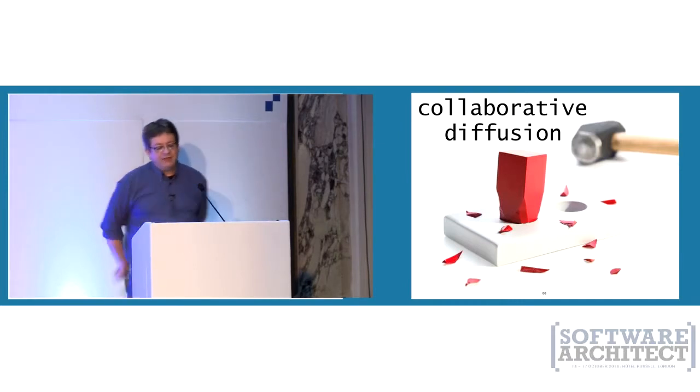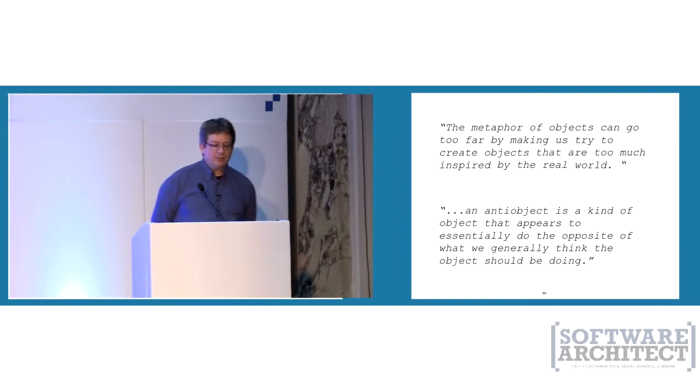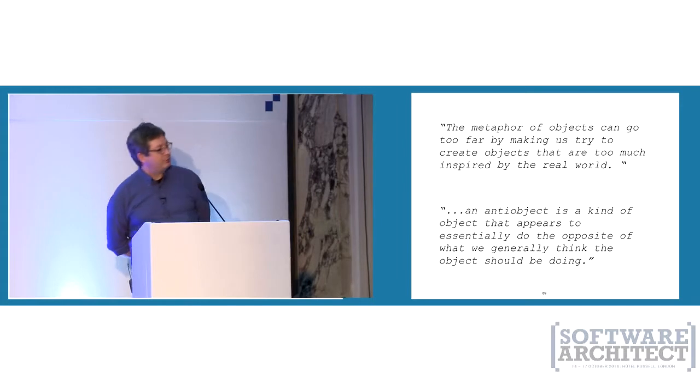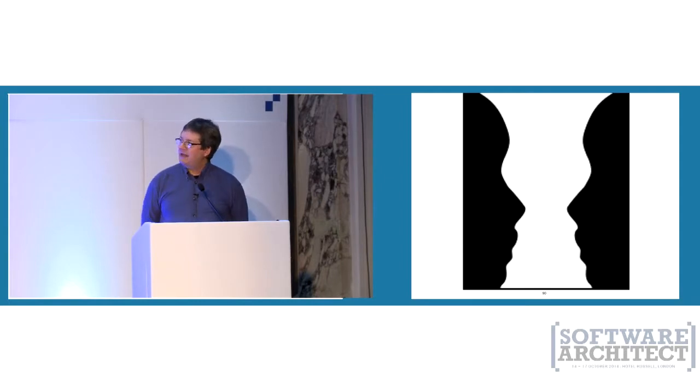And they make the observation that when you're in primarily object-oriented languages like Java or C#, the metaphor of objects can go too far, making us try to create objects too much inspired by the real world. An anti-object is a kind of object that appears to do the opposite of what you think it should be doing and ultimately yields a simpler design. It's kind of like this. Is this a vase or is it two faces?